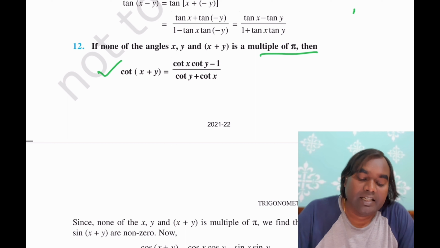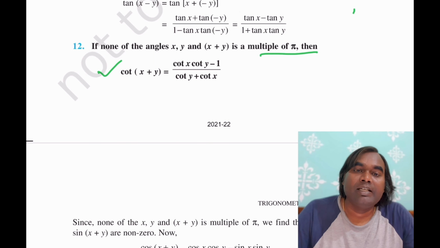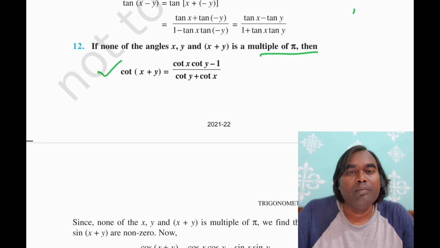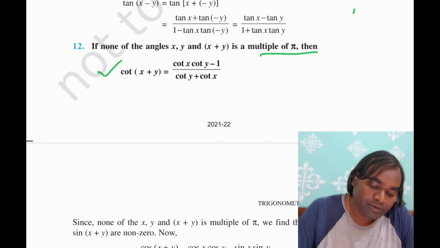The condition is that the angle should not be a multiple of π, because cot x can be written as cos x/sin x, and sin x should not be 0, and sin(x + y) should not be 0. That means the angle should not be a multiple of π. That's why we should have this condition.